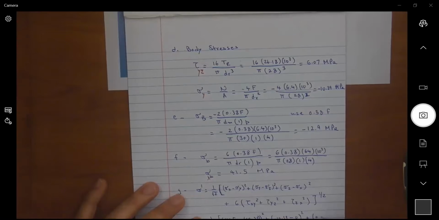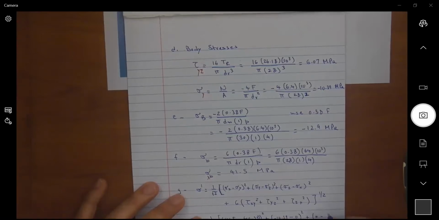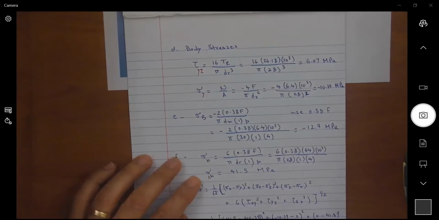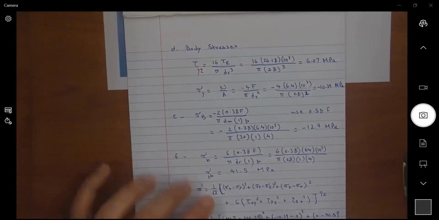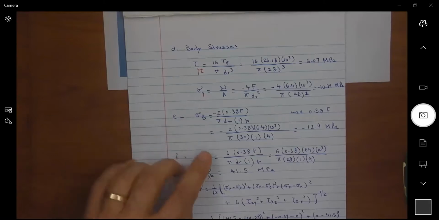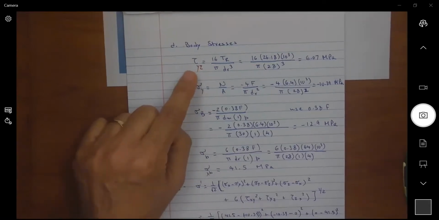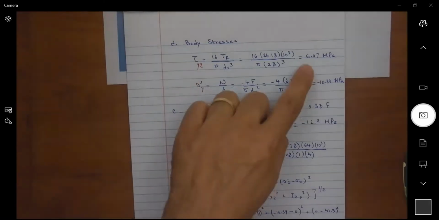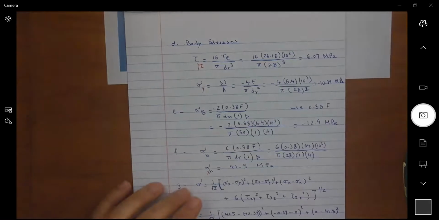I have here a 0 minus 41.5 squared, plus 6, and the only component I have here is a tau yz of 6.07 squared.